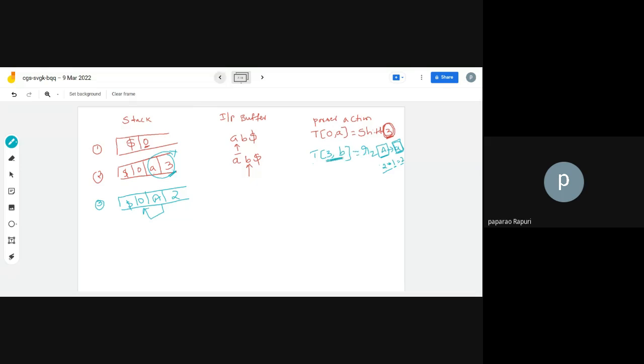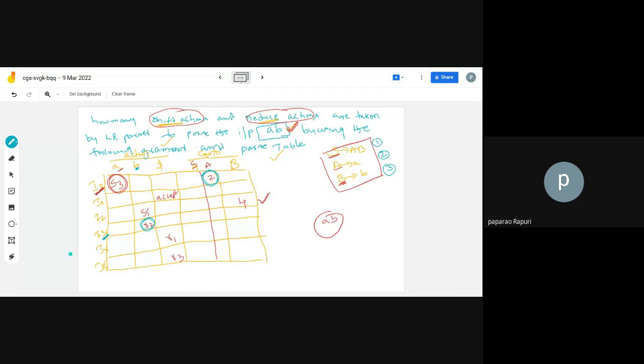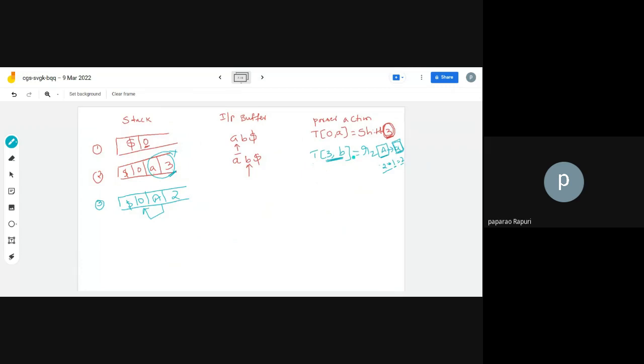In the table I am checking the place of 3 comma B. 3 comma B means R2. R means reduction. Which production do we have to reduce? 2.